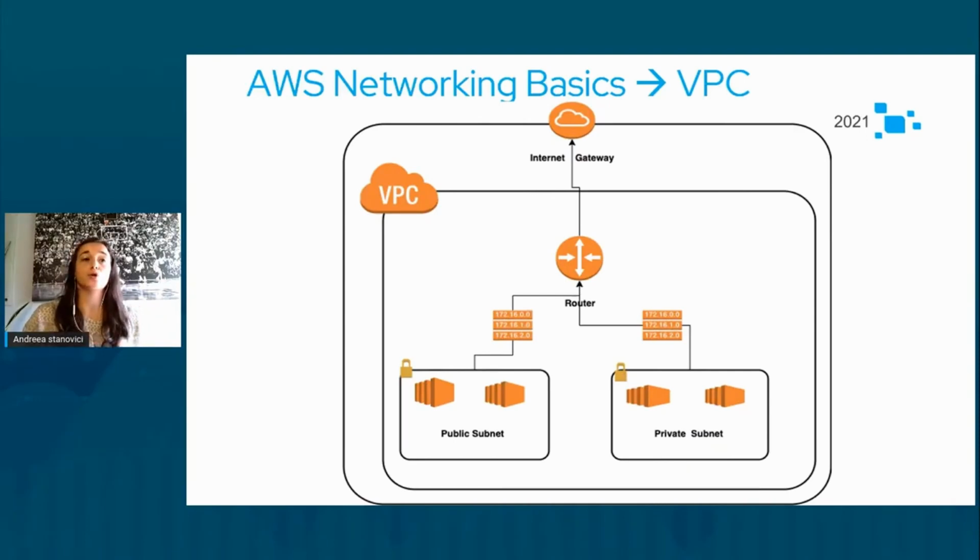All instances go within a subnet, which is the little box that's around those blocks at the bottom. The orange blocks are the instances. And you can have subnets in different availability zones. And you can think of an availability zone just as a data center located in a different area. This is great if you want to keep your application highly available, just in case one availability zone does go down, although it is unlikely, it may happen.